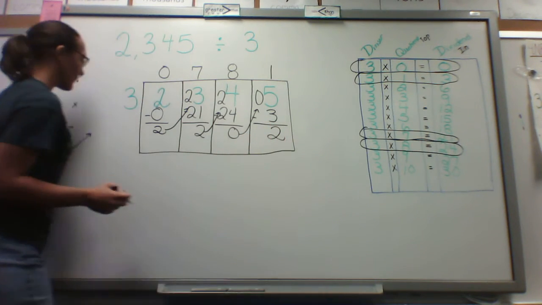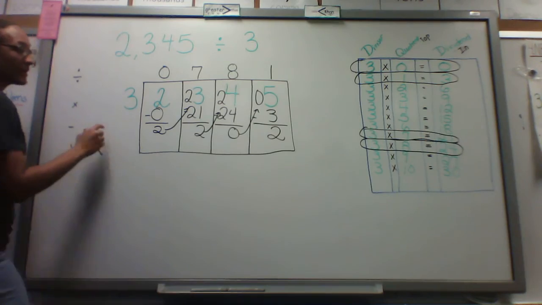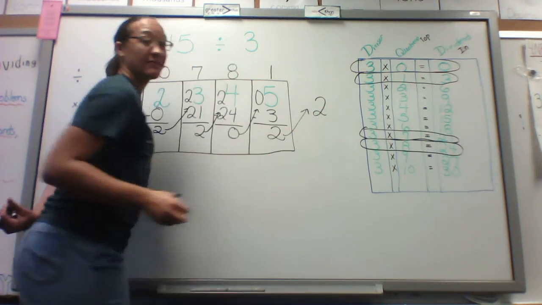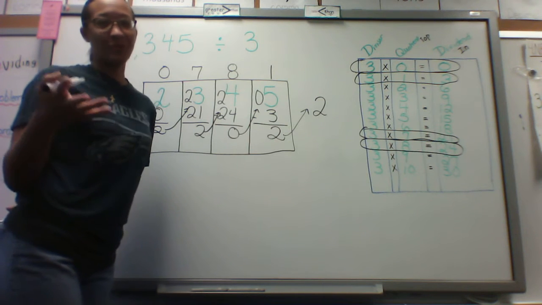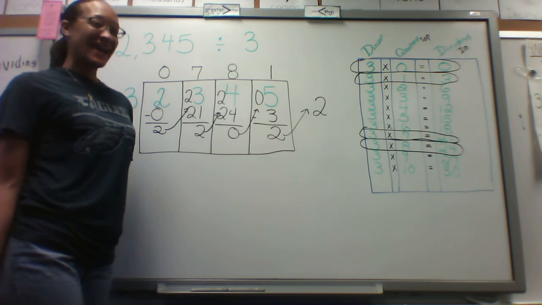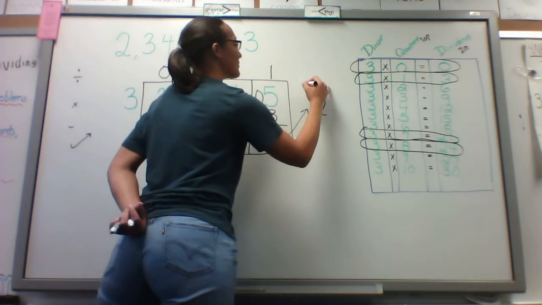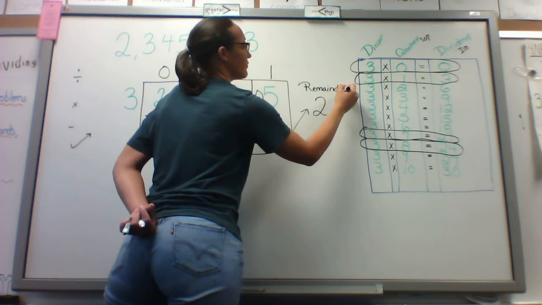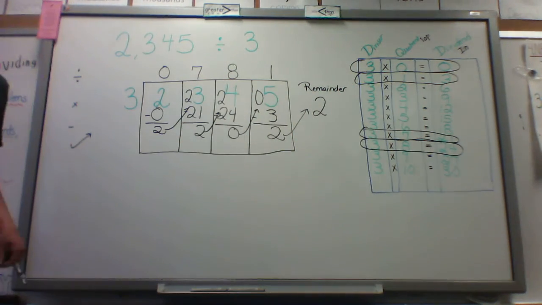Oh no! I know my next step is to bring it over. Miss Renee, I got some stuff that's left over. Well, you know what that's called? Remainder. So very good. So we have a remainder of 2.